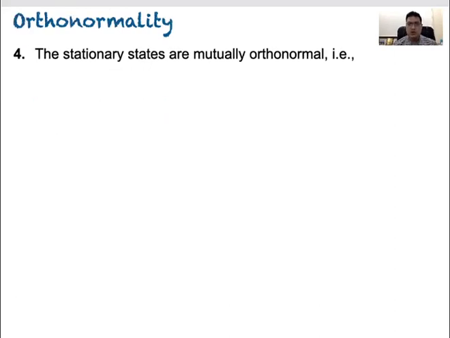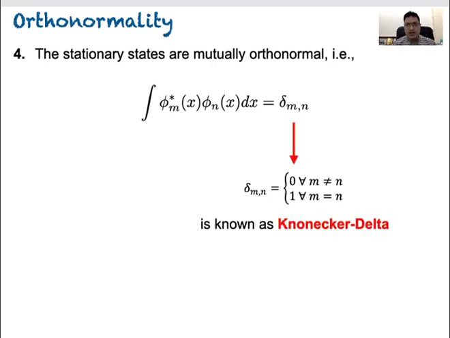Now there is another important concept that you have seen during the discussion of the Schrodinger equation, that your stationary states or wave functions must be mutually orthonormal. What I mean by this is, if you take two wave functions phi m and phi n, take the product phi m star phi n, and integrate over space, you will get delta of mn, known as the Kronecker delta.